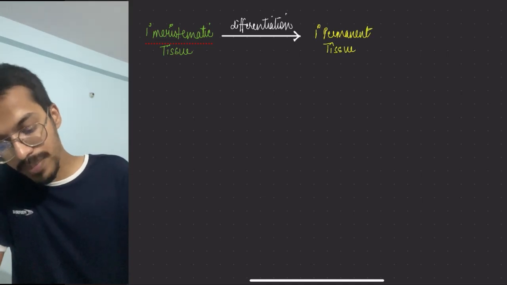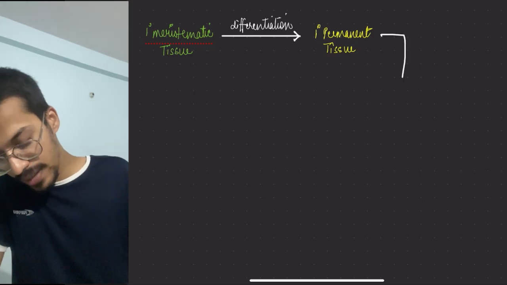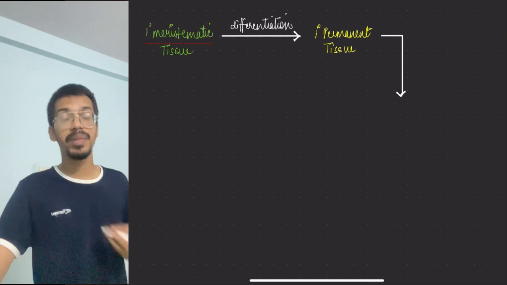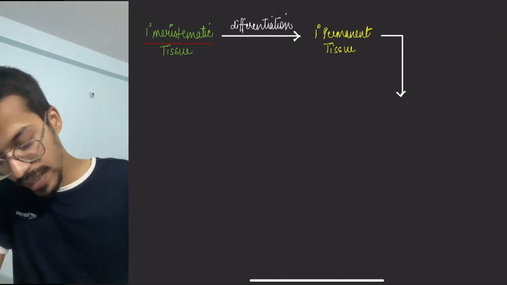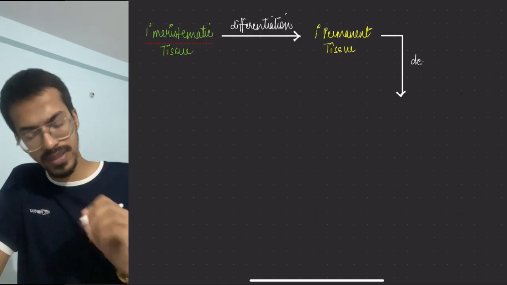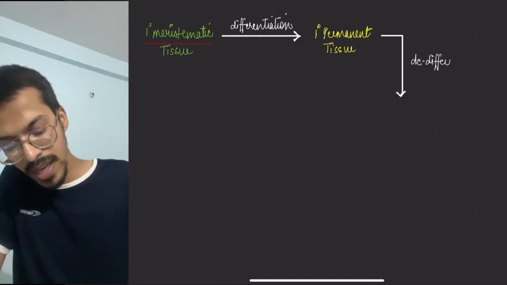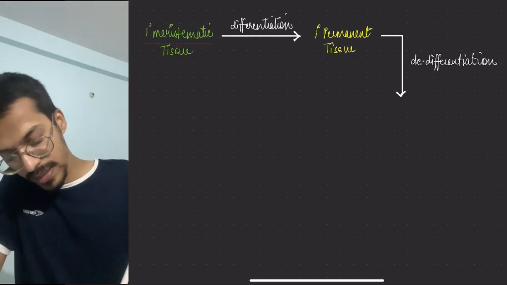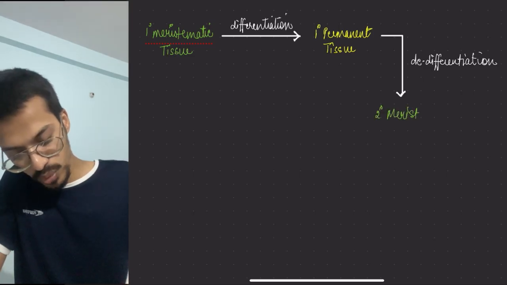Later on, this primary permanent tissue will again regain the capacity of division. We call it de-differentiation. So we have deleted the differentiation steps and again reached the initial point. And here we call it secondary meristematic tissue.